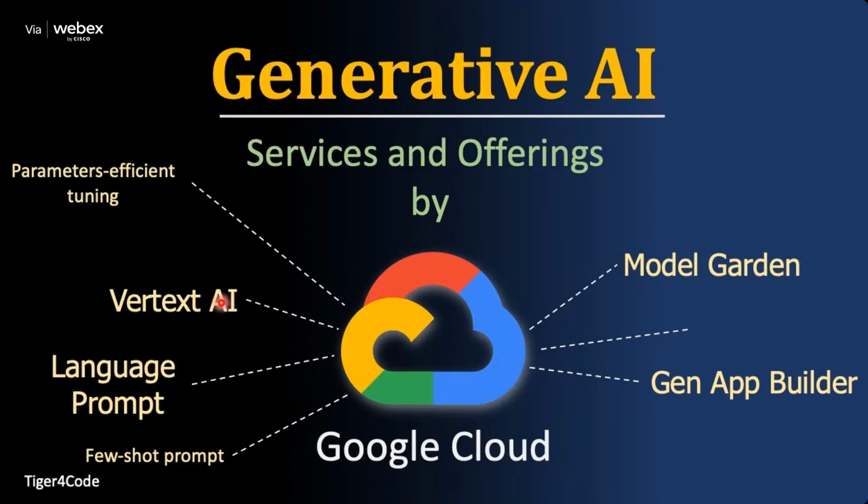Vertex AI is their primary enterprise solution. And then you have prompting possibilities. You have the Model Garden, where you have a lot of these LLMs and foundational models which are available. And then you have Google Gen App Builder, which can help you generate generative AI questions.